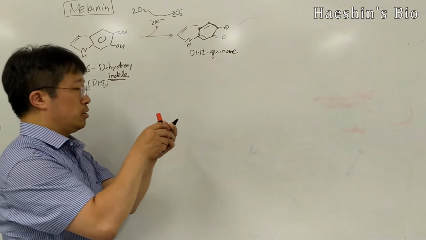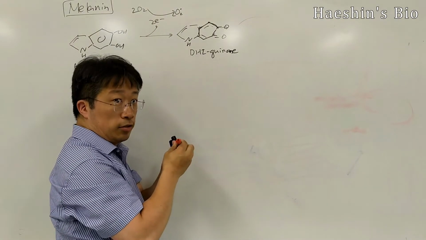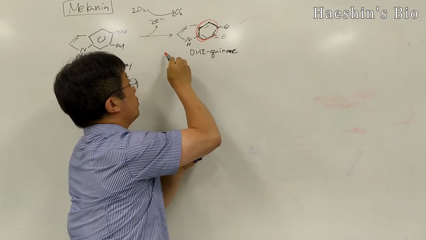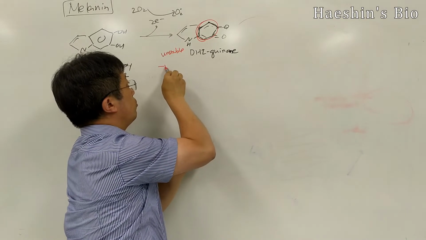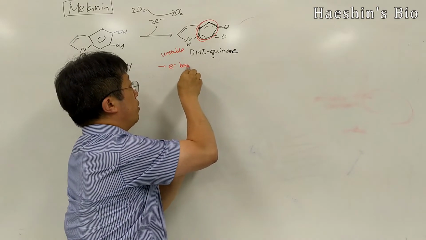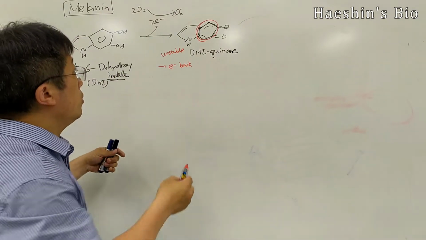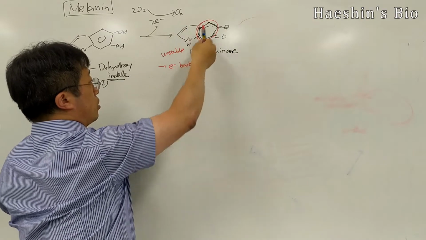So what happens is this quinone is chemically reactive, as I mentioned before, chemically reactive, unstable, and would like to have electrons back, right? So then they now have to cross into each other.